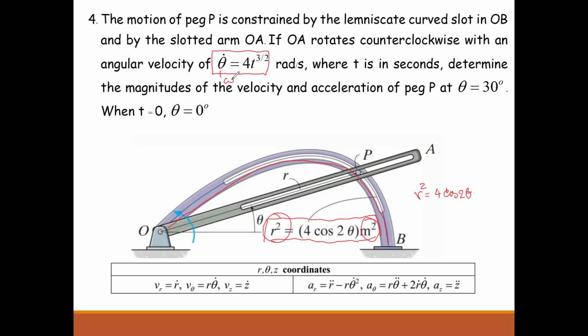And we would like to determine the magnitude of velocity and acceleration of the particle P at theta equal to 30 degrees. For the initial condition, when time equal to 0, theta is equal to 0. So it's starting here.